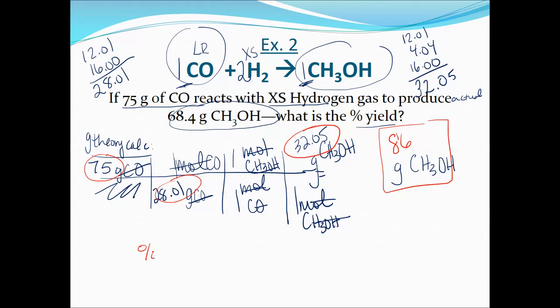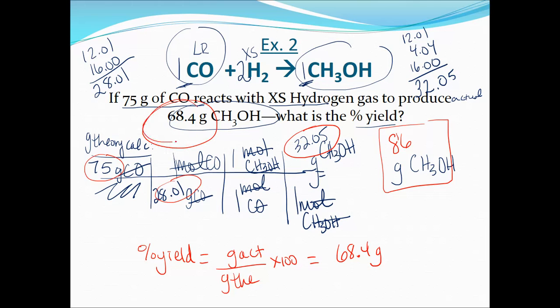So now let's plug it into the percent yield formula. Grams actual divided by grams theory times 100. The grams actually formed was 68.4 grams. That was told to us in the problem right here. We just figured out our grams theory. It plugs in down here, 86 grams. So let's figure out our percent yield.